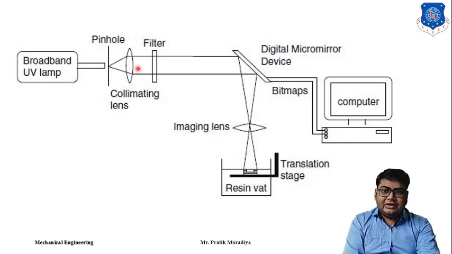So light will come from here, be reflected from the digital mirror, and here the solidification will occur and one layer will be built. Then this translation stage will move one step down. A leveling arm will make sure that the resin is evenly distributed over the surface, and then we'll impart the light again for another layer, and all this will be controlled by this computer.